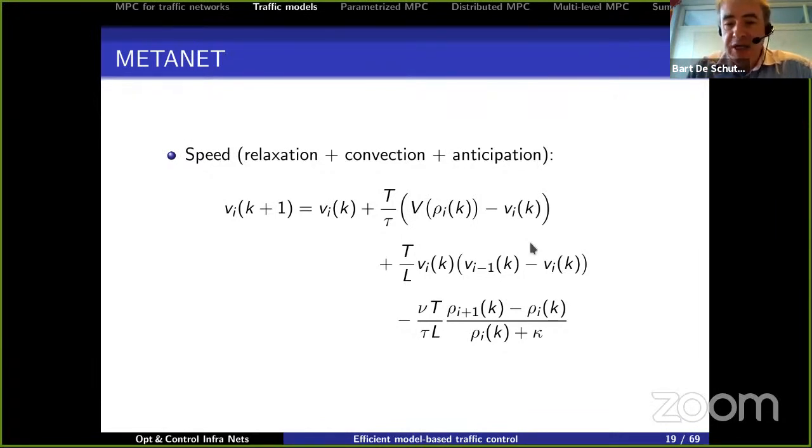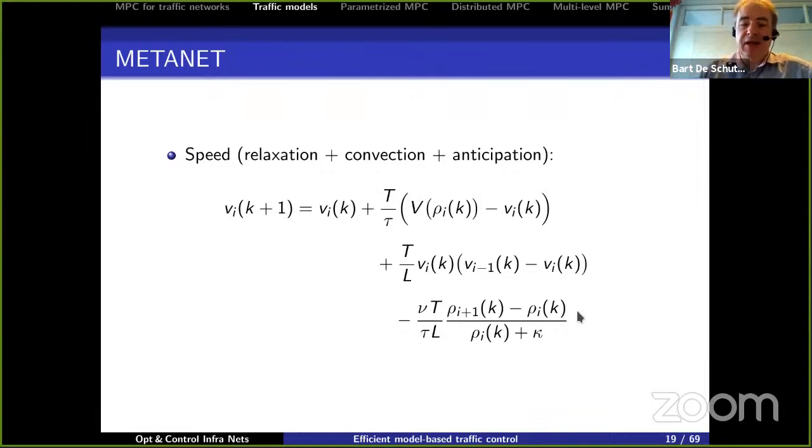In addition, we also have a convection term. So if the vehicles of the preceding section have a higher speed, that speed will also propagate to the current section. So that's why I have this term here that looks at the difference between the speed in the preceding section and the speed in the current segment.